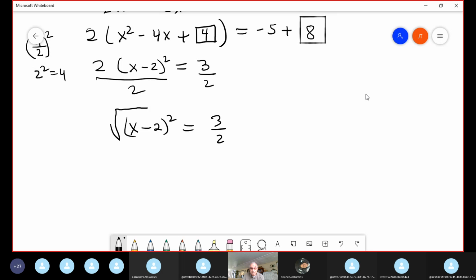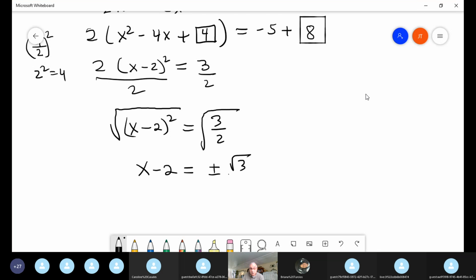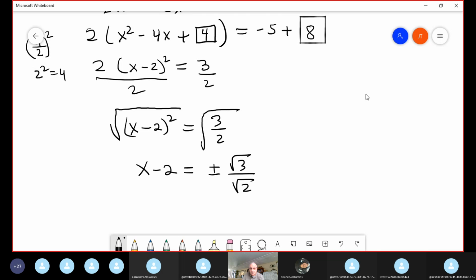Square root both sides. X minus 2, without the square, is equal to plus or minus radical 3 over radical 2. I apply the property that when the radical involves a fraction, we can separate it.